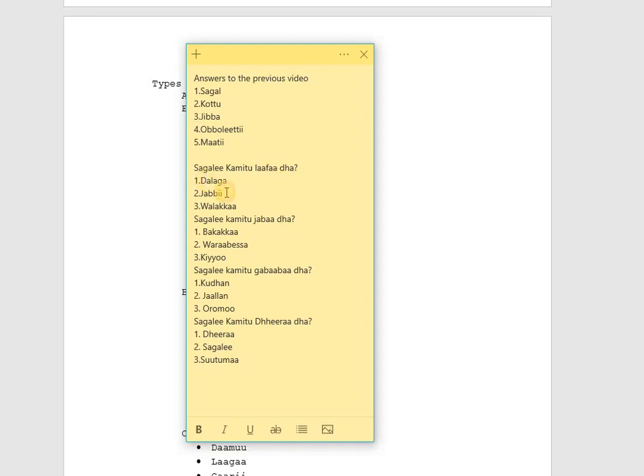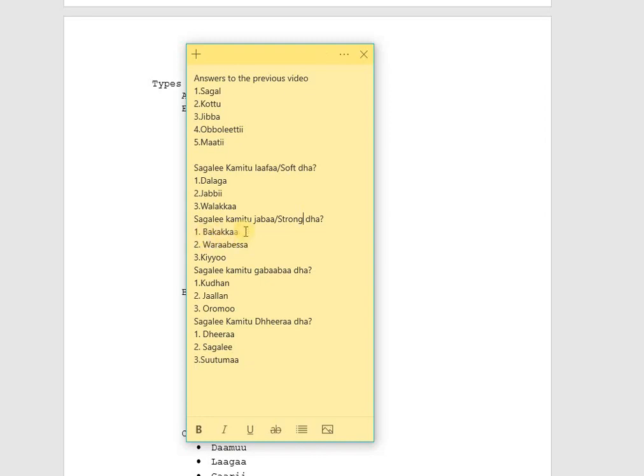Dalaga, jabbi, walakka. So here you have to find the soft sound. Here you have to find the strong. Which sound is strong in here?